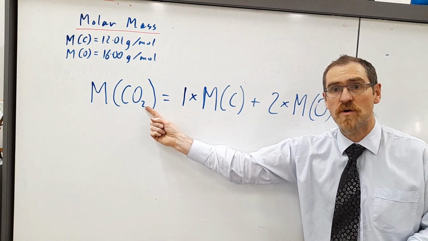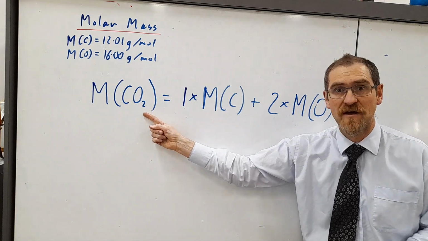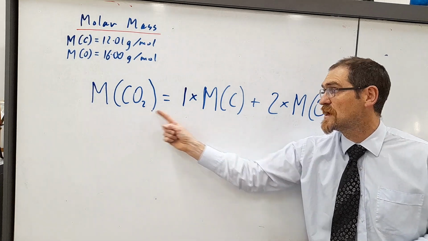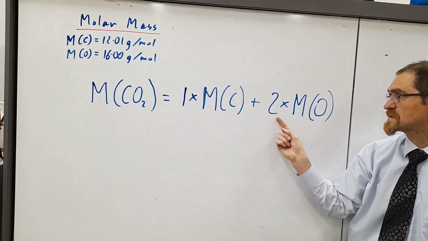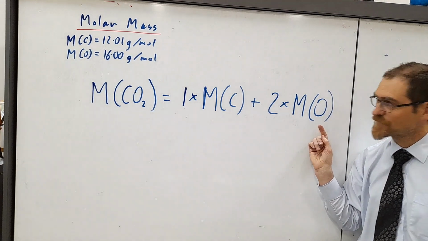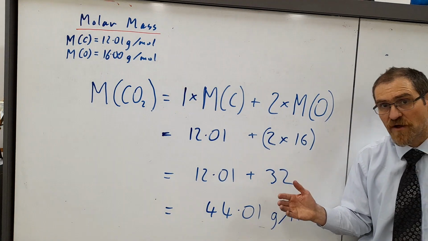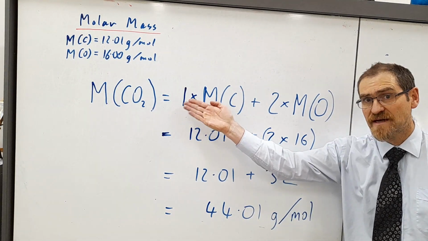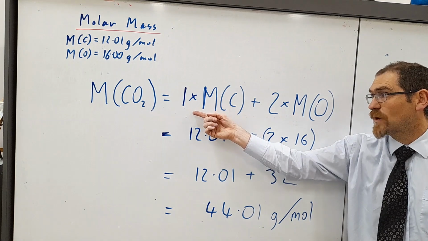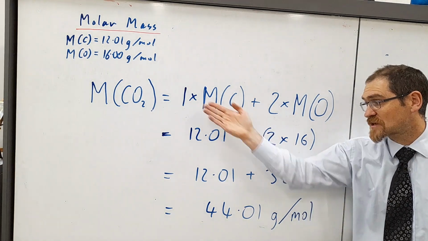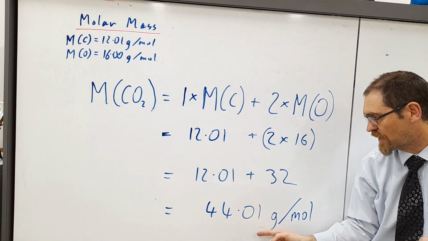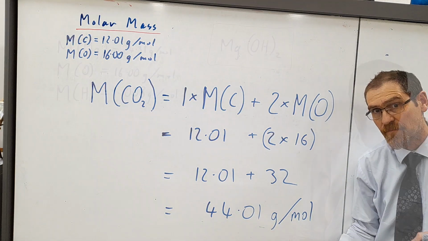Because we've got 2 oxygen atoms with every 1 of our carbon dioxide molecules. So 1 times the molar mass of carbon plus 2 times the molar mass of oxygen. And so the molar mass of this compound, carbon dioxide, is 44.01 grams per mole.